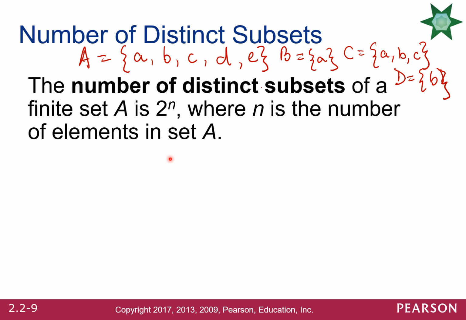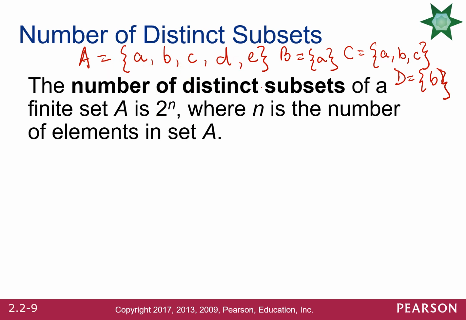We will know right away by using the formula 2 to the power n. So n represents the number of elements in the original set that we are working from. So here this has 5 elements.